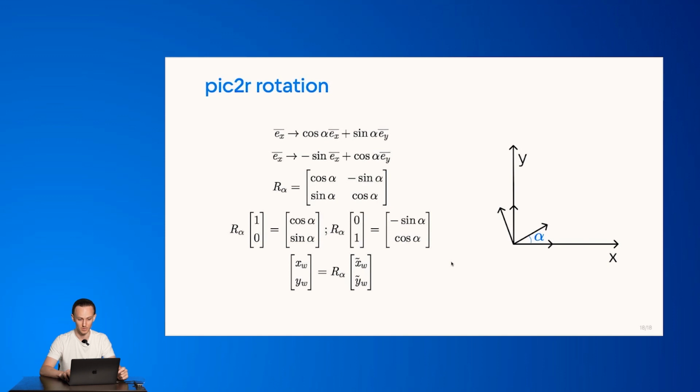The last thing that we need to do is we have to take into account the rotation of the head. The rotation of the head is given by the angle alpha. So here R sub alpha is the matrix of planar two-dimensional rotation by this angle.